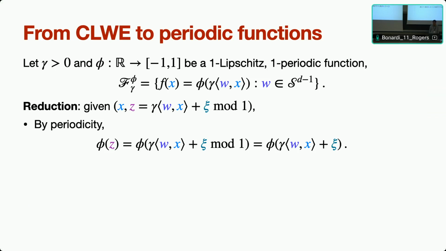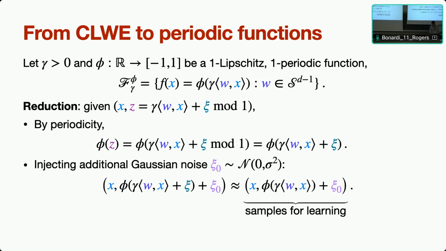samples for learning periodic functions. The only difference is that for learning periodic functions, the learning sample will have this noise psi outside of phi instead of inside of phi here. So to overcome this problem, we just inject an additional Gaussian noise psi 0 and add it outside of phi.